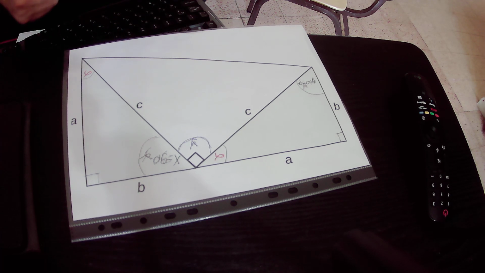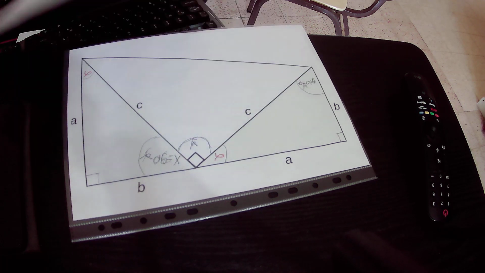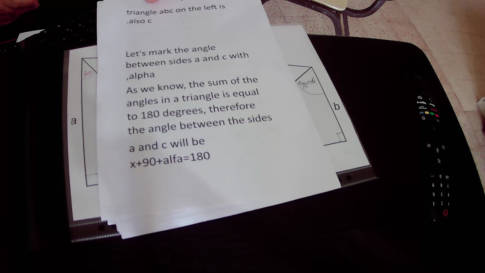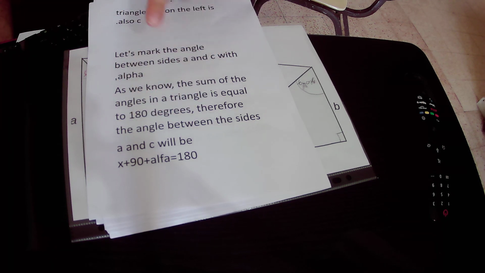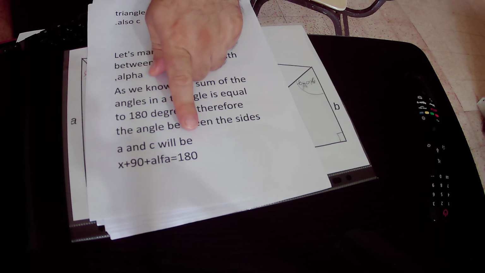As you can see here, x plus 90 plus alpha is equal to 180 degrees, and therefore x is equal to 90 minus alpha, because we can subtract 90 from both sides of the equation, and then subtract alpha from both sides of the equation.